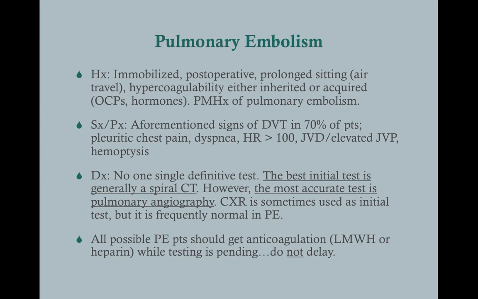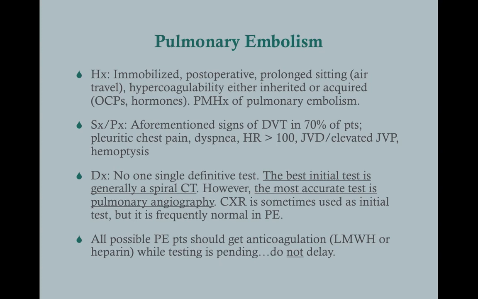However, some physicians will go with a chest x-ray first, but that's frequently normal in PE. So if you're going on the USMLE, I would go with a spiral CT as your best initial test. The most accurate test, however, is pulmonary angiography. That's your gold standard for PE. That's the most accurate test that we have.